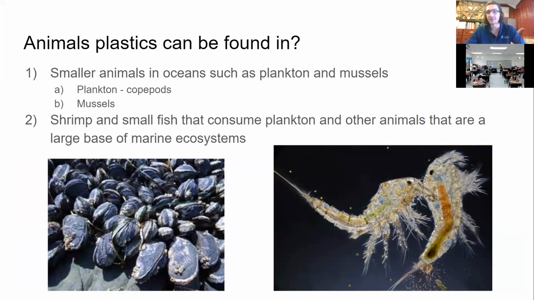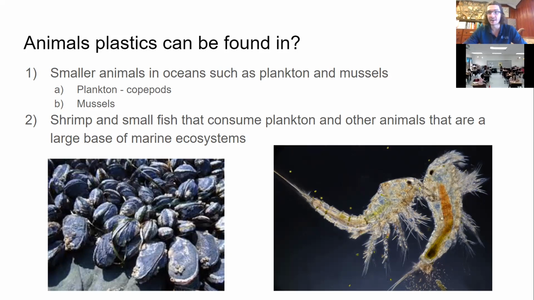And so then the question becomes, okay, these microplastics are getting into our waters, right? Like our oceans and even things like our rivers and our streams and our lakes. So what animals have these microplastics? And really the first thing we think about is really small animals, like mussels or even little plankton that I have pictured here.